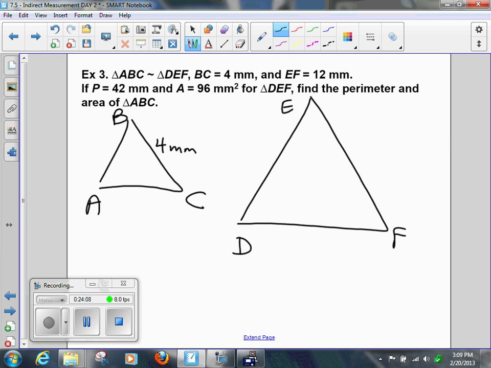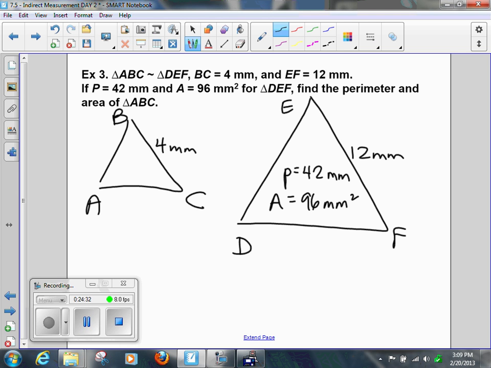EF is 12 millimeters. The perimeter for DEF is 42 millimeters. The area is 96 millimeters squared for triangle DEF. And we've got to find the perimeter and the area of ABC.